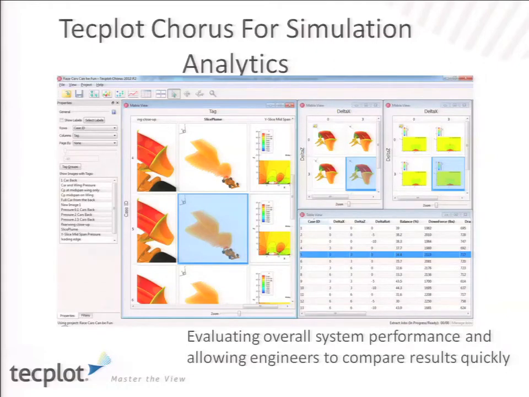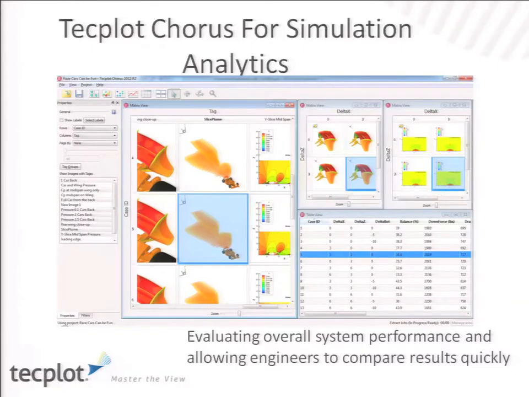We've been developing a simulation analytics tool, and this gives you an idea of what we're trying to accomplish here. So we're a visualization company at heart, so we do a lot of visualization. Underlying most of this are some statistical models, some surrogate modeling. But in the end, if you need to do a root cause analysis of what is going on with your design, you need to go back to the underlying data.